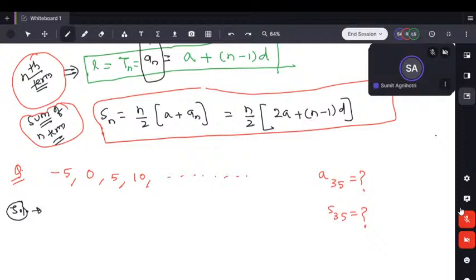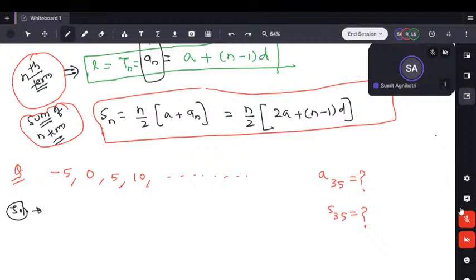Very nice. Now, can you tell me what is the sum of these 35 terms? Sir, for the sum, I got 2,800. Okay, now you can figure out the sum very easily, because we already obtained the value of the 35th term, a35. The formula here is n over 2 times first term plus last term. The last term here is obviously the 35th term.